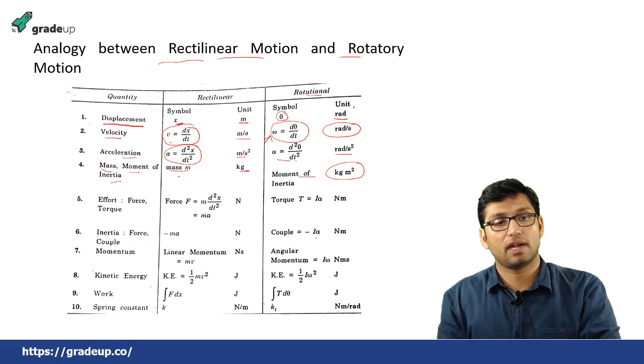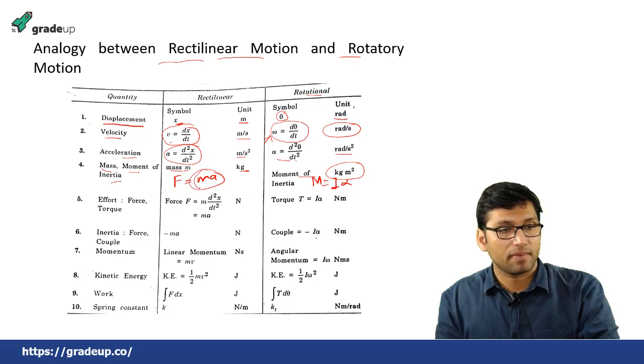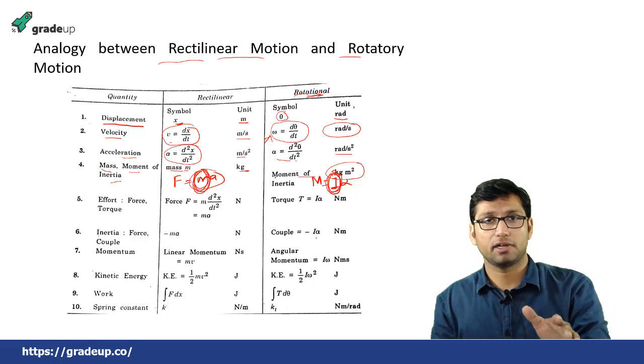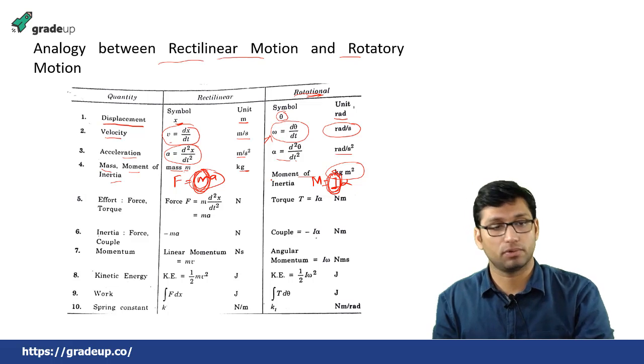Okay, so we know that in rectilinear motion the equation is F equals m into a, and here it is M equals I into alpha. So here m is related to I. That is, the mass of the body in rectilinear motion is equated to mass moment of inertia in case of rotatory motion. Okay, so we are just drawing an analogy between rectilinear motion and rotatory motion.